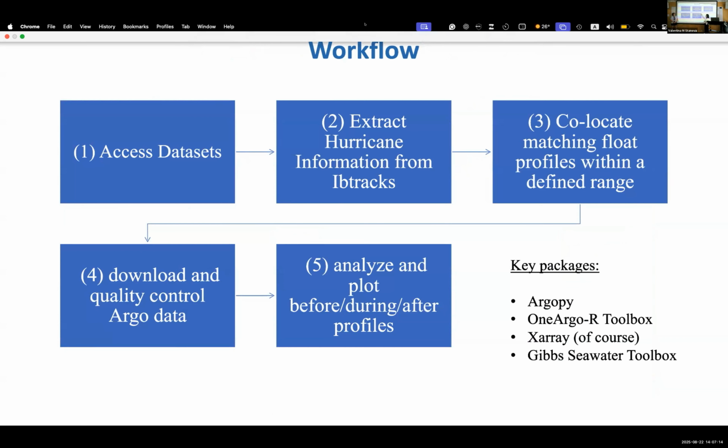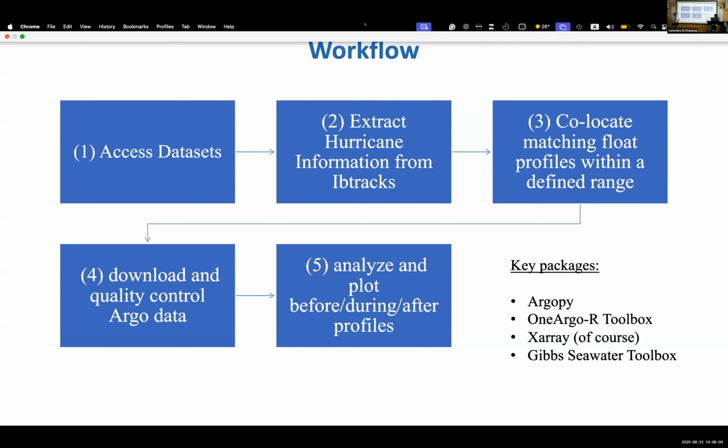First we extract the hurricane information from IBTrACS. The IBTrACS data have the locations of the hurricanes with the timeline, and we used that information to make a grid box, a boundary around the hurricane at each point, and then searched with the argopy package, a Python package to access Argo float data. We used that location boundary to search whether any Argo floats were there during the hurricane.